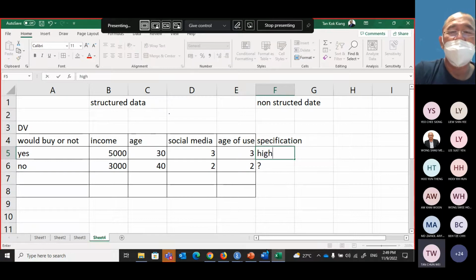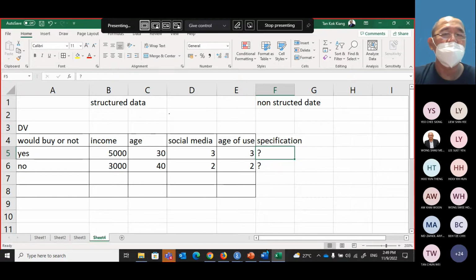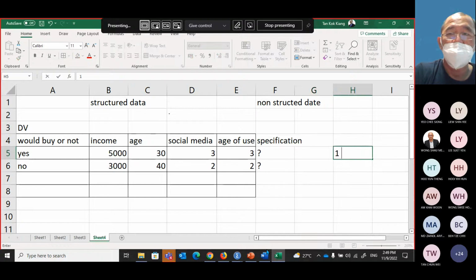For example, staying in urban, semi-urban, or rural can still work. For example, one for urban, two for semi-urban, and three for rural. One is the more developed area, three is the least developed. It's still okay.